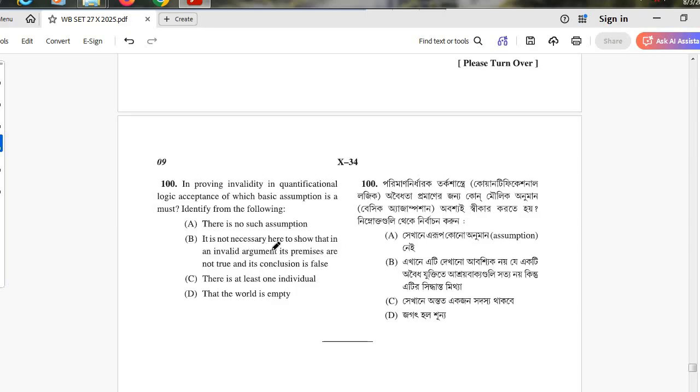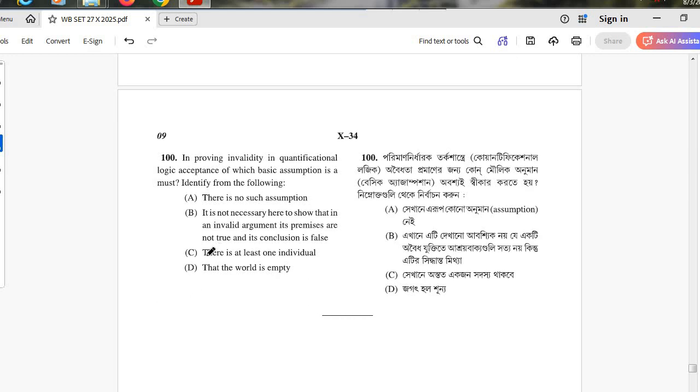B, it is not necessary here to show that in an invalid argument its premises are true and its conclusion is false. Option C, there is at least one individual. Option D, the world is empty. Question 100, the correct answer is option C, there is at least one individual.